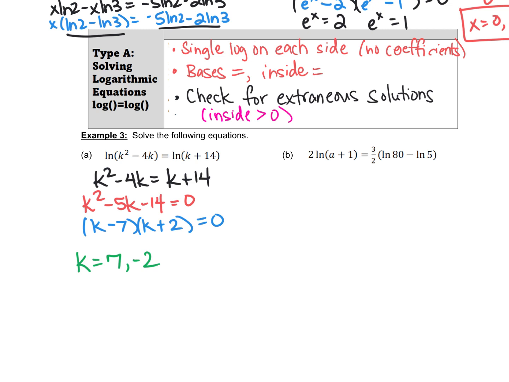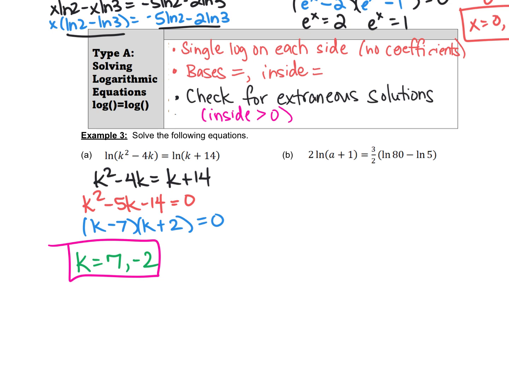I've got two positive numbers right there. -2 plus 14 is positive. These both work. Nothing's extra. If we plug them in, they both work. I don't get a negative number inside my logarithm. You just have to check them.